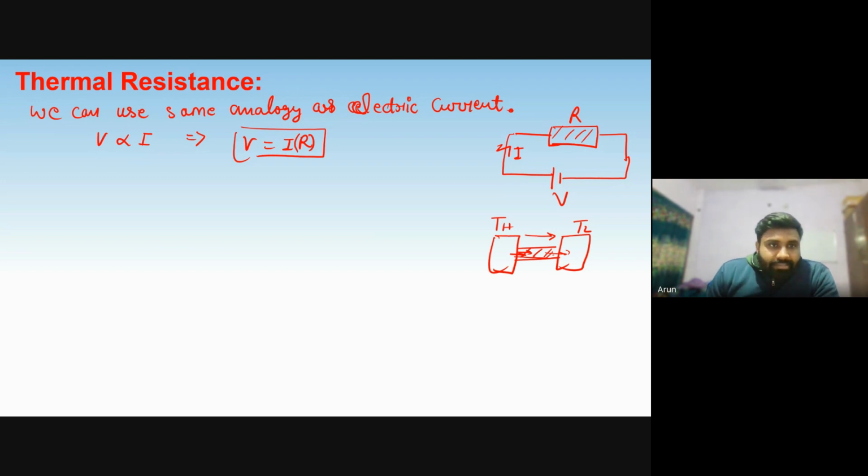We all know that Q is equal to dH by dt, which is equal to K A upon L (T1 minus T2), where T1 is at the higher temperature and T2 is at the lower temperature.